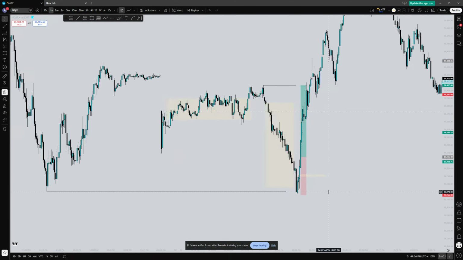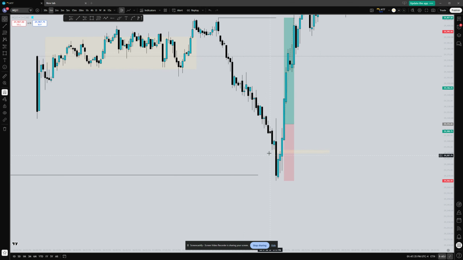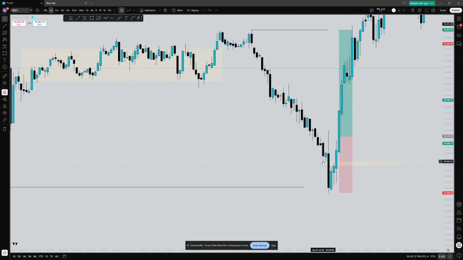In this case, it was this low right here. And then waiting for some type of displacement in the opposing direction. So in this case, you could see that we dumped aggressively into this low right here, especially with a candle like this as well, where it's super bearish and we quickly recover from that.